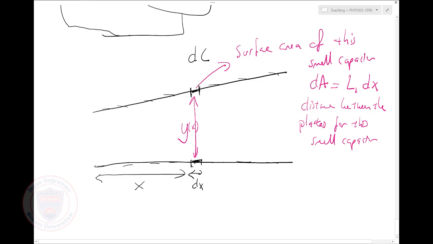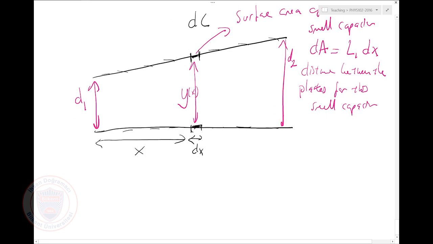Well, the distance on one side was d1, the distance on the other side was d2. So I'm claiming y of x is a linear function of x. When x is equal to 0, it's d1.